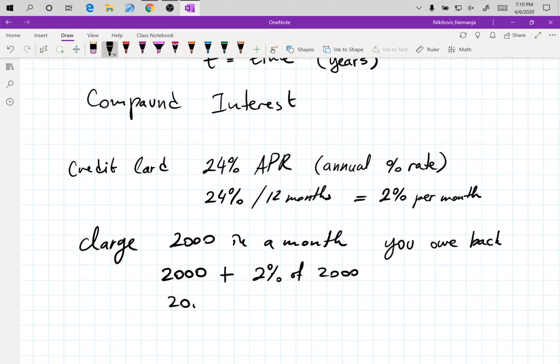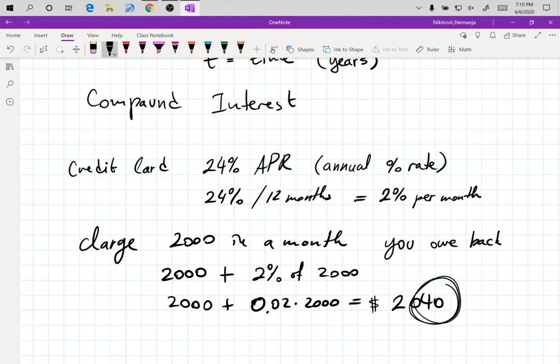So that's $2,000 plus 0.02 times 2,000, which is $2,040, right? Because 2 times 20 is 40, and you add that to the 2,000. So this is how much you owe. So $40 is the service that you are paying because you borrowed $2,000 which you didn't have.